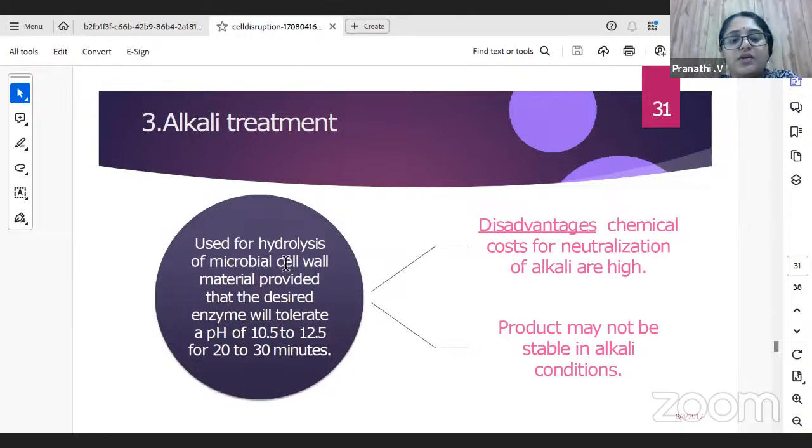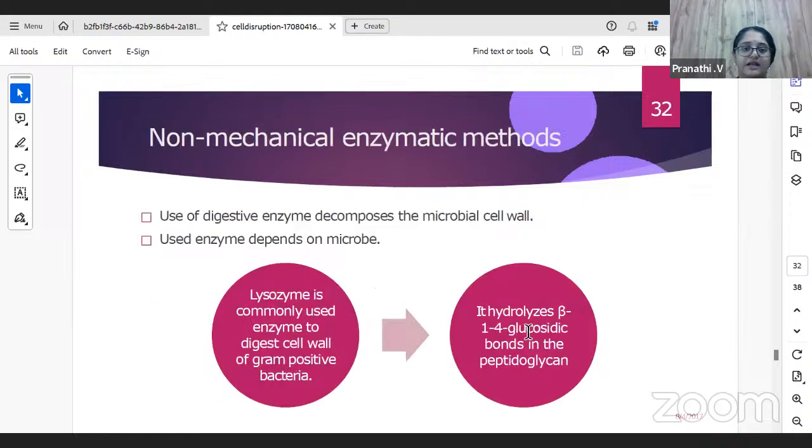Again, what is it used for? Hydrolysis of the microbial cell wall material. So the desired enzyme will come out, and it will tolerate a pH of only 10.5 to 12.5, for around half an hour maximum. But then again, you have a disadvantage. Neutralization of the alkali is going to be needed. The product need not be stable in alkali conditions.